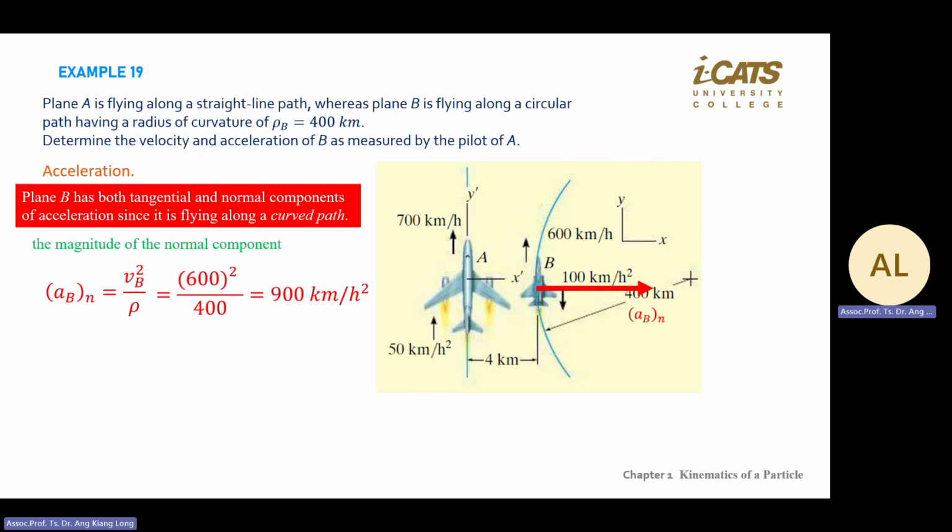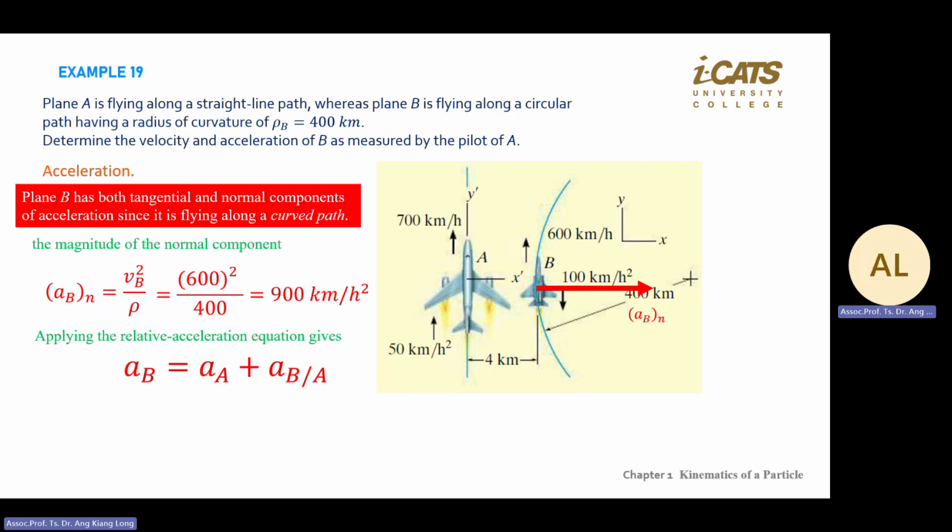All right. Now again, when you see curvilinear motion, you need to recall the slide that I showed you. One of it is AN equal to V square over rho. So you know that from the VB stroke A equation, you can differentiate with time.